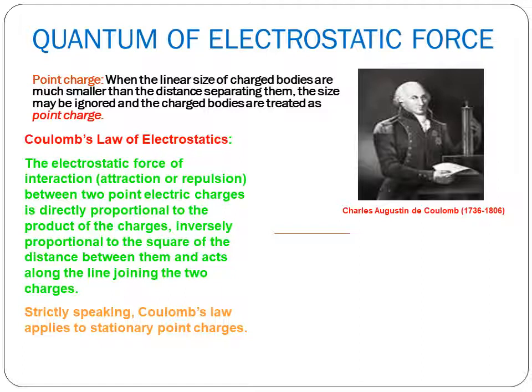Now, Coulomb's law of electrostatic. Charles Coulomb was a French engineer. He invented a torsion balance to measure the quantity of force and used it for determination of forces of electric attraction or repulsion between a small charged sphere.